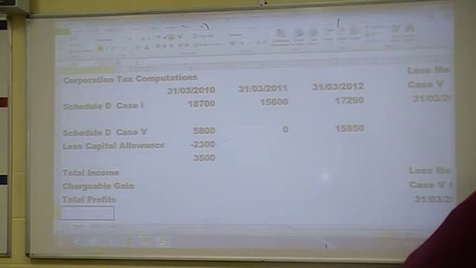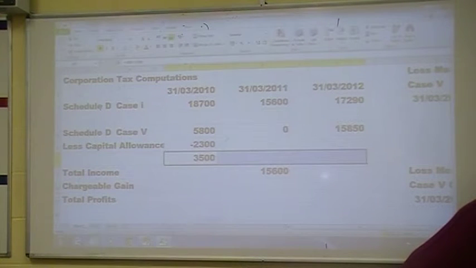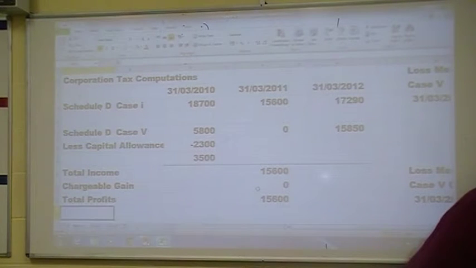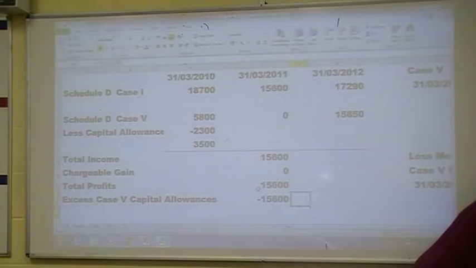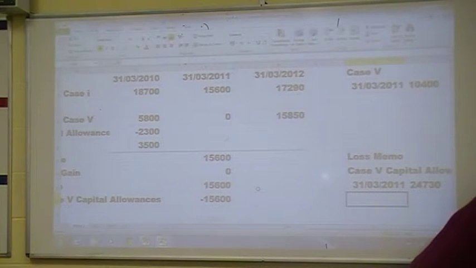So for March 11, I have a total income of 15,600. So I'm going to utilise that loss, the excess case 5, against the 15,600.